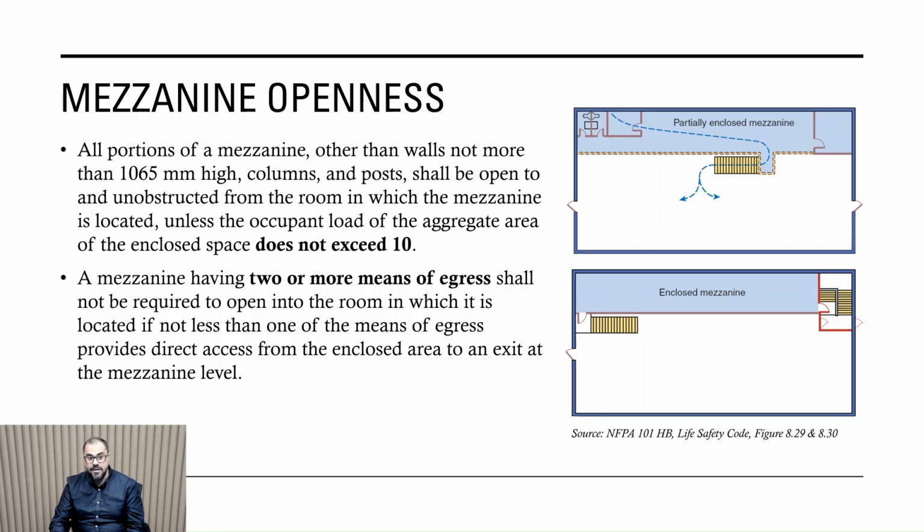A mezzanine having two or more means of egress, same as the second figure below here, shall not be required to open into the room in which it is located, if not less than one of the means of egress provides direct access from the enclosed area to an exit at the mezzanine level.